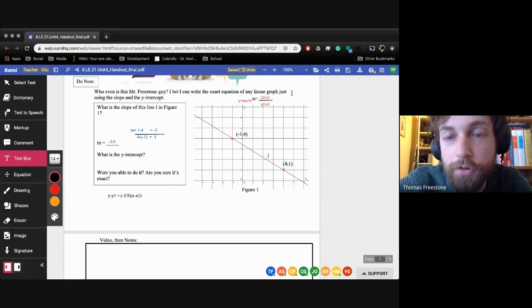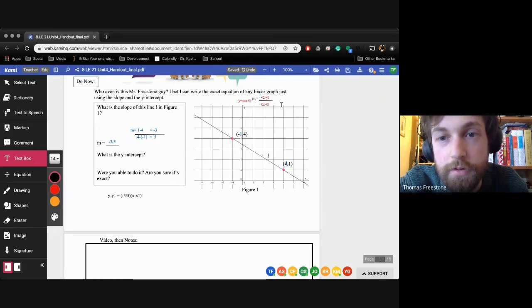M equals y2 minus y1 over x2 minus x1. What are y2, y1, x2, and x1 in the slope equation? Because these are basically the same thing, these two equations.